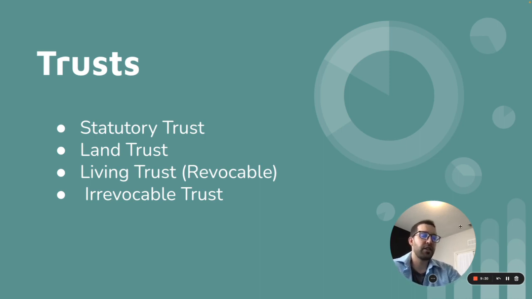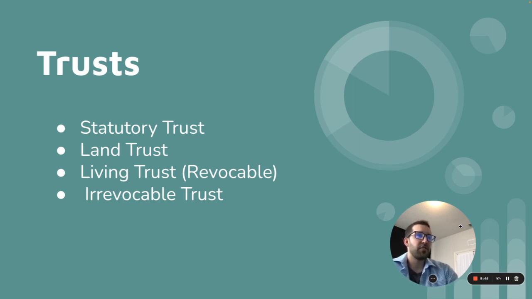When you use a land trust, it makes it far more difficult for that cyber criminal to steal, or even know whose information to steal. So it also acts as a deterrent against title fraud.